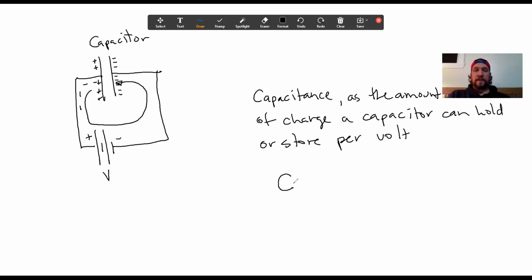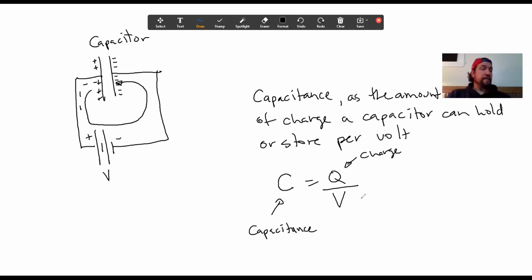So we use the letter C for capacitance, equals Q, which is for charge. A long time ago, we mentioned charge when we were talking about voltage and current. So C equals Q over V, all right?